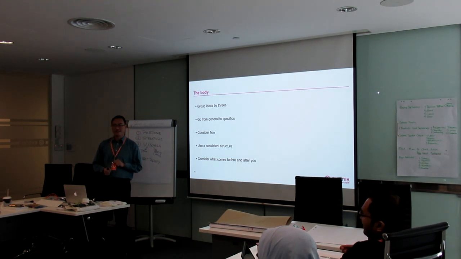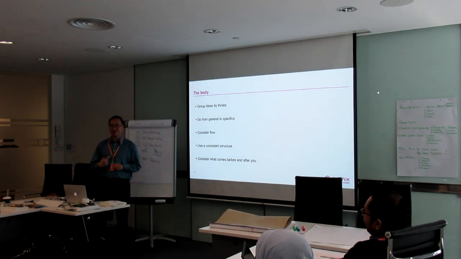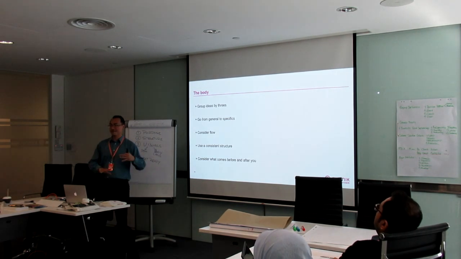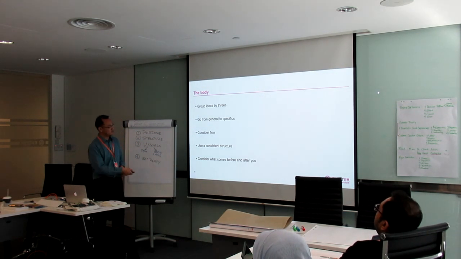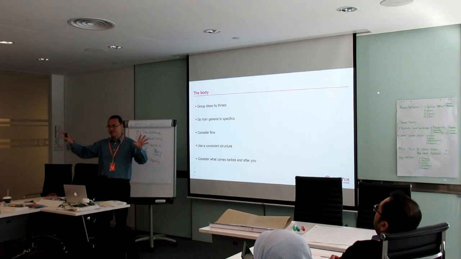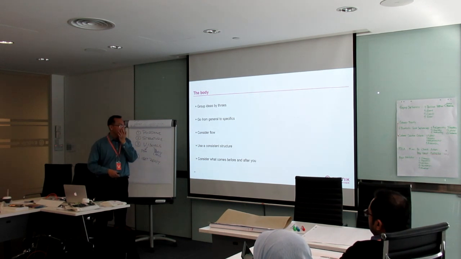The points actually should come out one by one. Why? So that the audience focuses on the point. Instead of focusing on the whole page, especially a page like this, usually it's not ideal also because it's got too many points. It comes out all at once. You may actually lose the attention. Yeah, so that's something to think about.